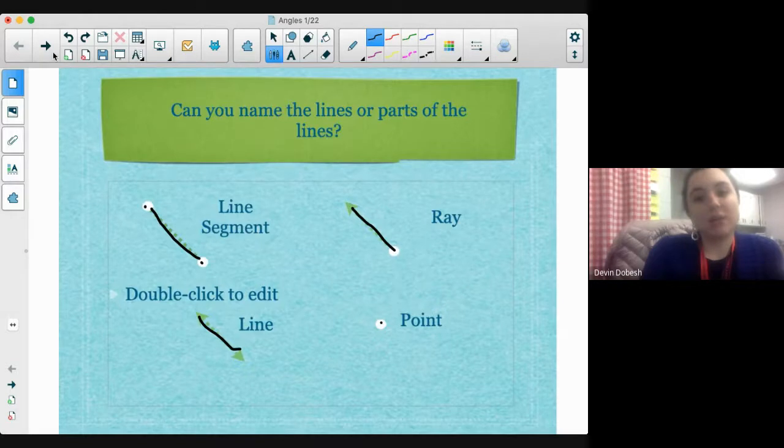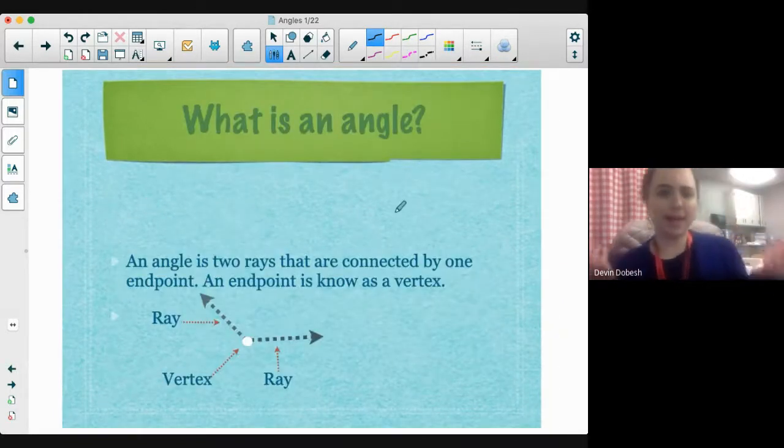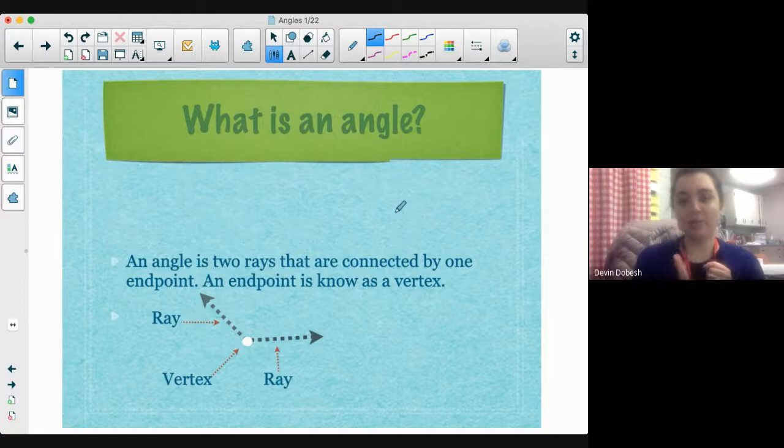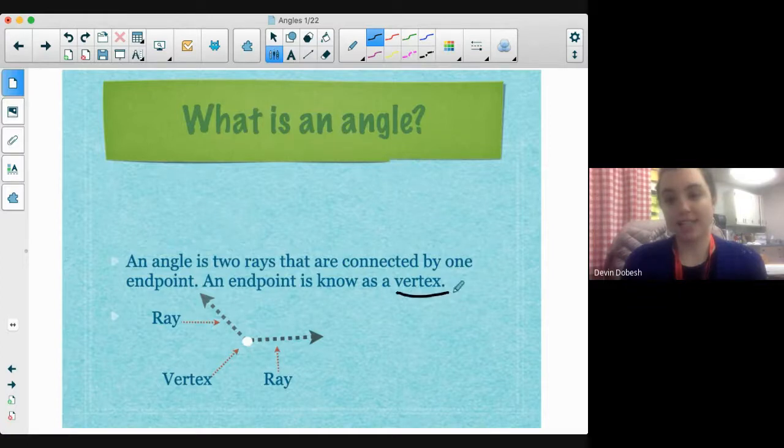Okay, so let's start talking about what we're going to learn today. We're going to learn about angles. Well, what is an angle? An angle is two rays that are connected by one endpoint. An endpoint is known as a vertex. So that's a new word, vertex.